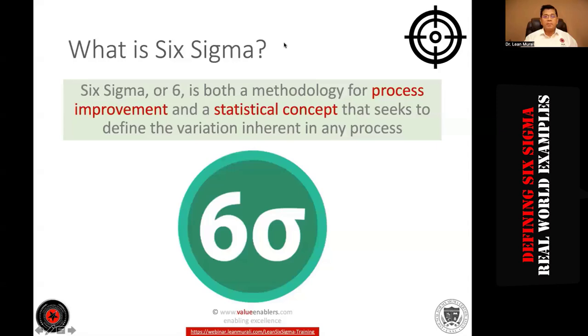If this is clear, type CC, crystal clear, in the chat box. With that, I will share the screen one more time.